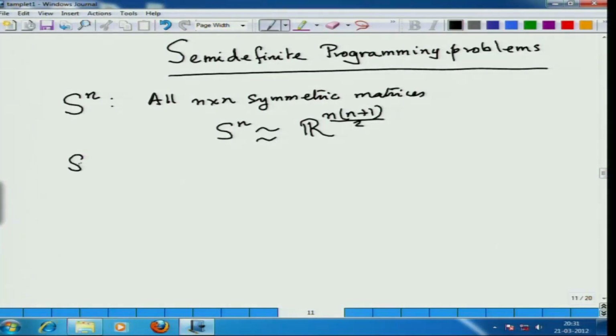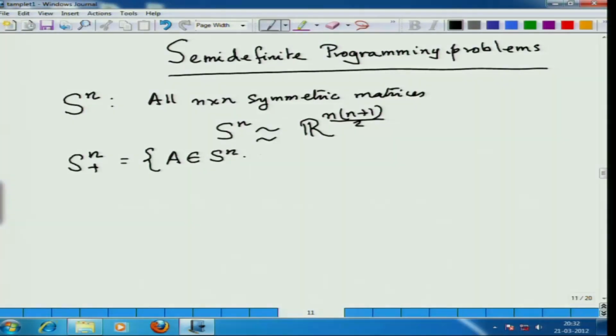Now, S^n_+ is the set of all matrices A in S^n. See, this is also a finite dimensional space because it is isomorphic to R^(n(n+1)/2), which is actually the dimension of S^n.